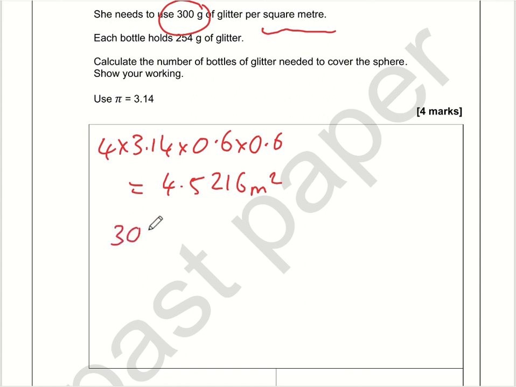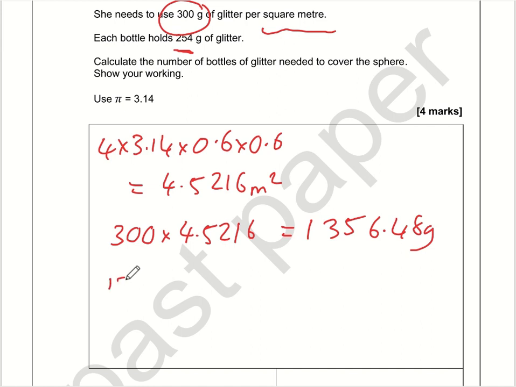So 300 multiplied by the 4.5216, and that comes to 1,356.48 grams. Now every bottle has 254 grams, so how many bottles do we need? Well, how many 254s go into this number?